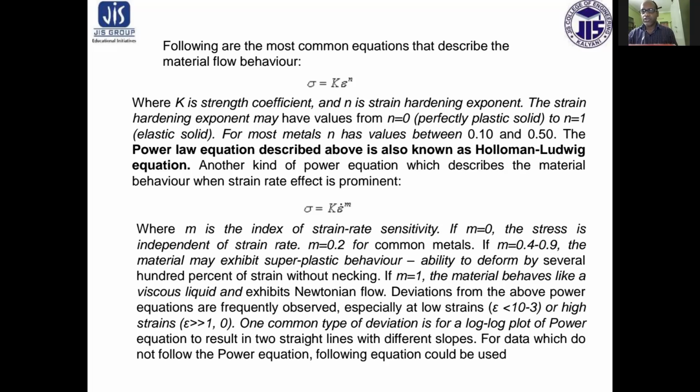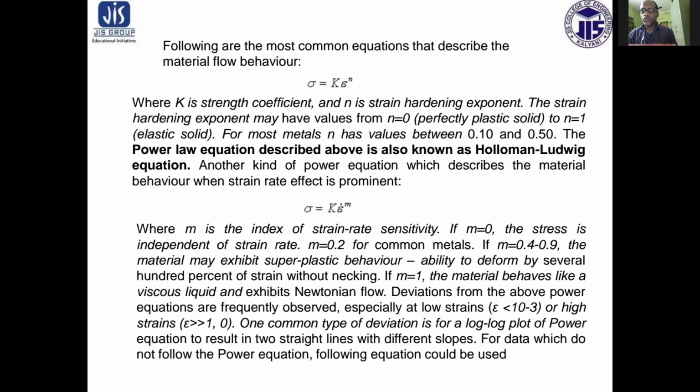Another kind of power equation which describes the material behavior when strain rate effects are prominent is sigma equal to C into epsilon dot to the power m, where m is the index of strain rate sensitivity. If m equal to 0, the stress is independent of strain rate. m is about 0.2 for common metals.